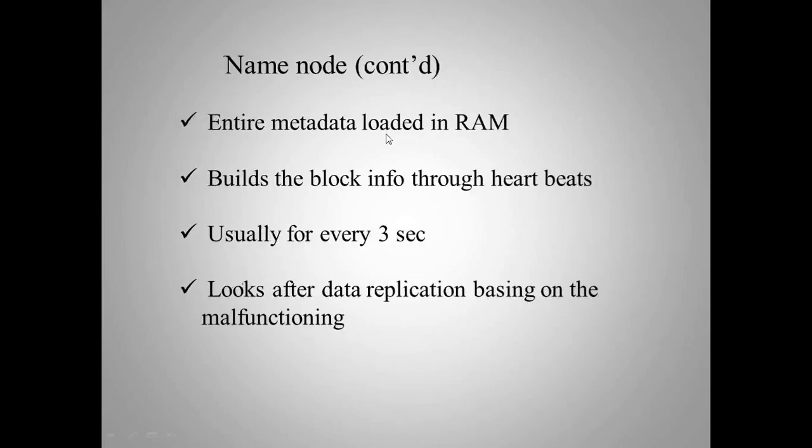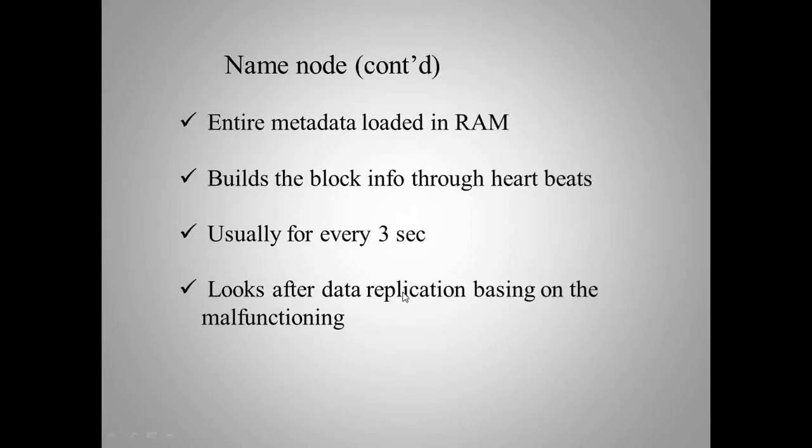So the block information will always be built through the heartbeats, where a heartbeat will usually be sent every 3 seconds to the name node, which will look after the data replication based on malfunctioning.